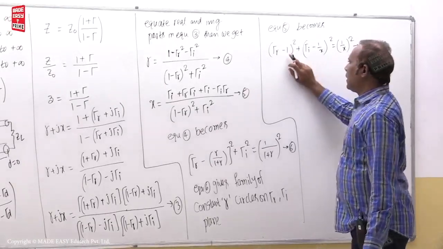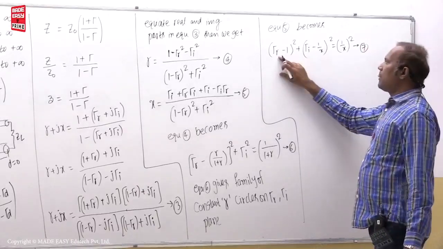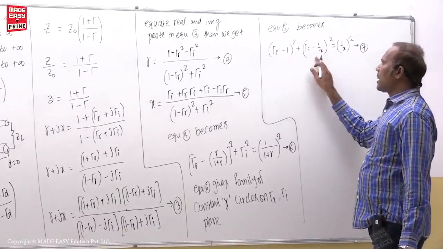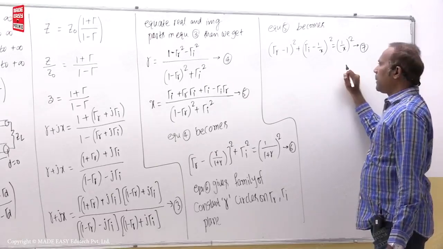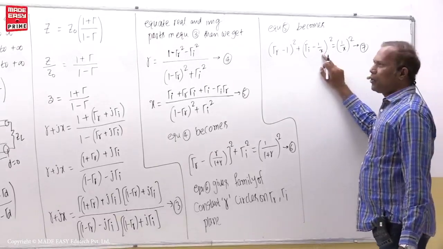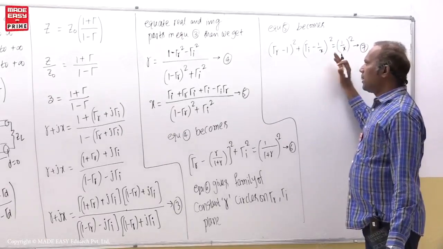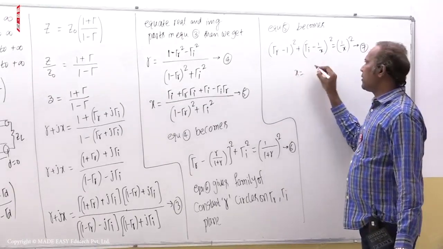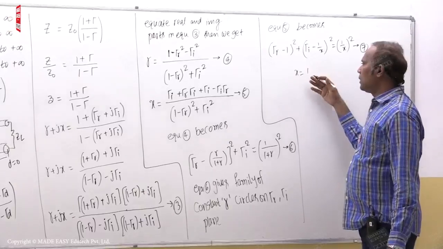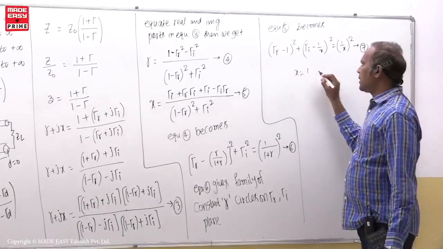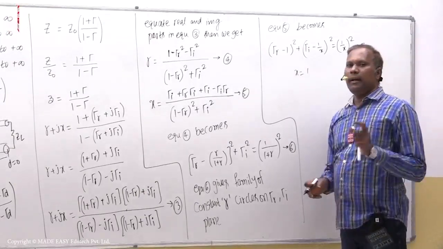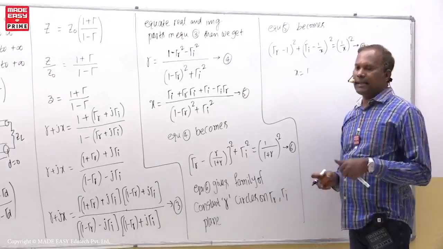Similarly here, this is also circle equation on gamma R and gamma I plane with center 1 comma 1 by x and radius 1 by x. So here x value varies from minus infinity to plus infinity. So in this way infinity circles are there. Each circle you get by taking x value 1 like that, 2, 1 by 2 like that. This is constant. So that is why they are called family of constant x circles.